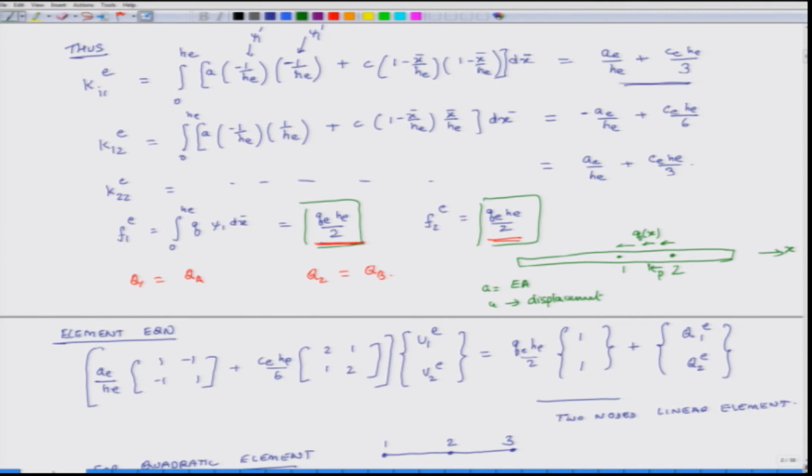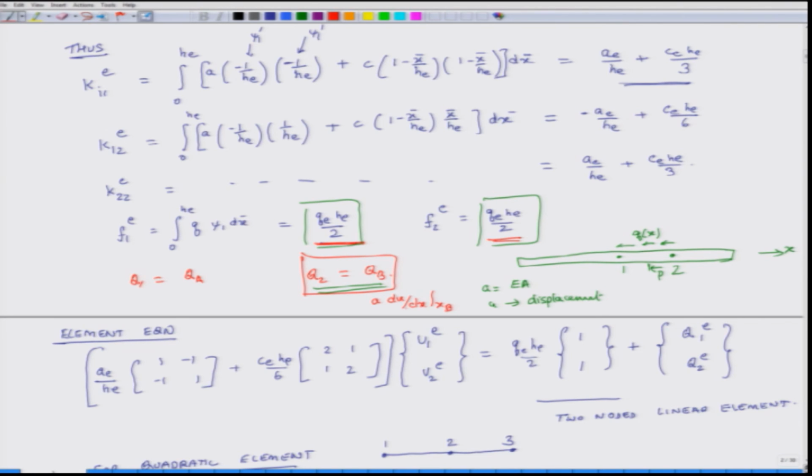Second thing, so this is one important statement. The second thing is this Q2. Q2 is defined as A times du over dx at x is equal to xb, or at the second node of the element.